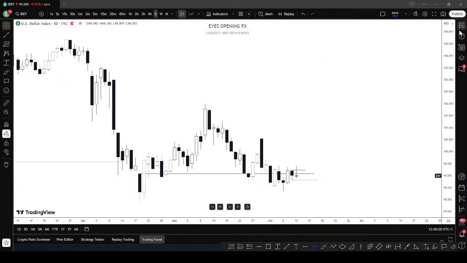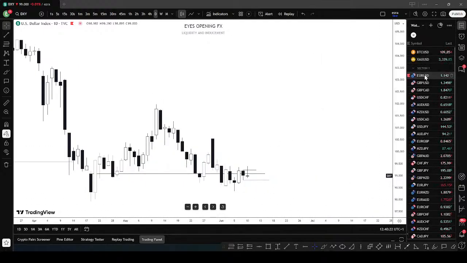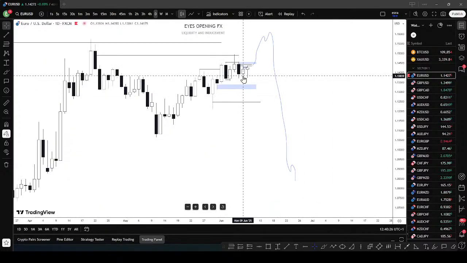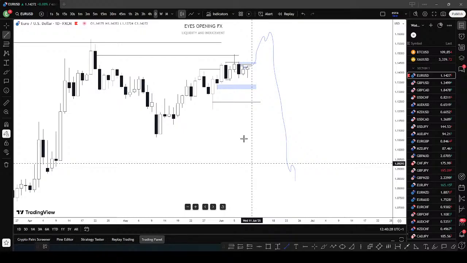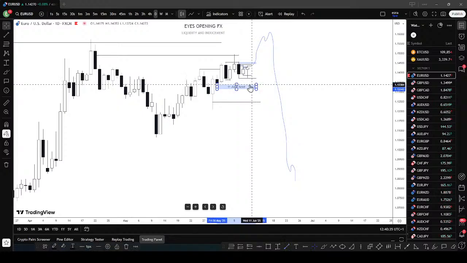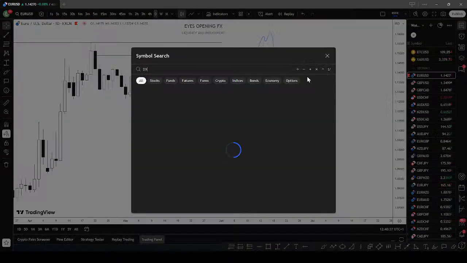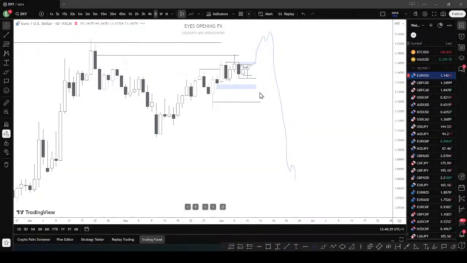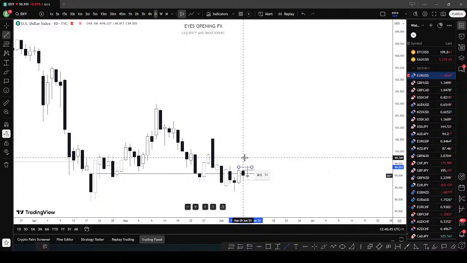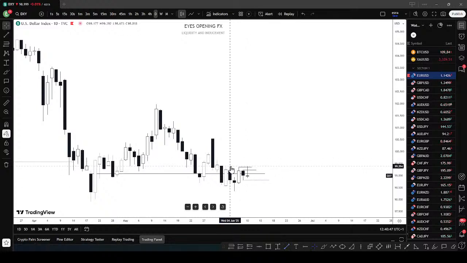Let's look at Euro USD. It created the higher high here, but this also took out Monday's low, and it's yet to take out this. Friday high was also taken out, but this Friday high is not the high of the week.